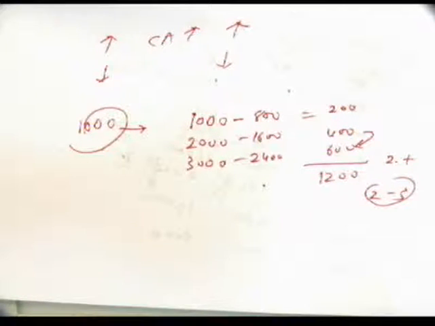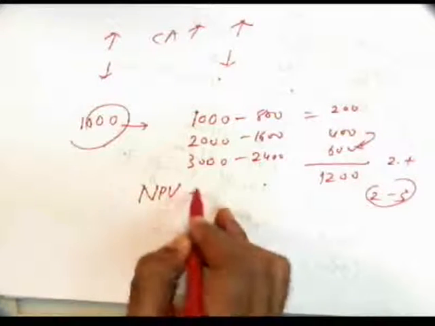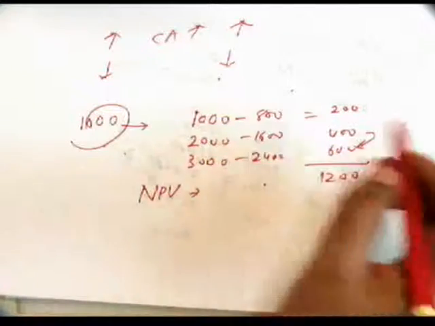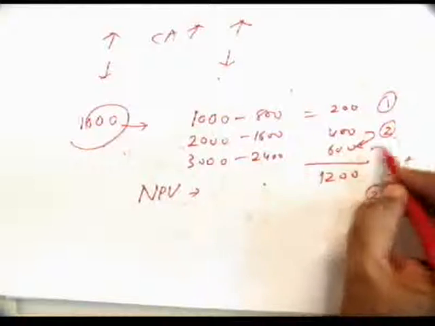Then the time adjusted or discounted cash flow methods, such as net present value, take into account the time value of money. Money received today has a higher value than money received tomorrow. Say in this case you receive 200 rupees this year, this on the second year, this on the third year.